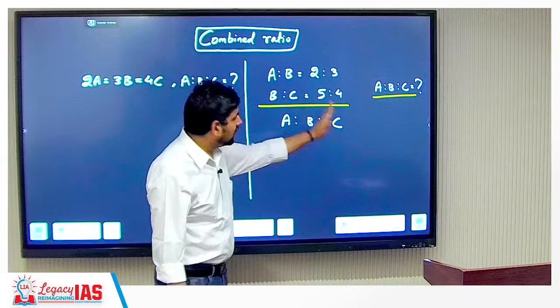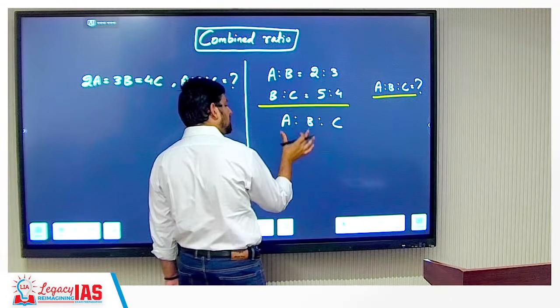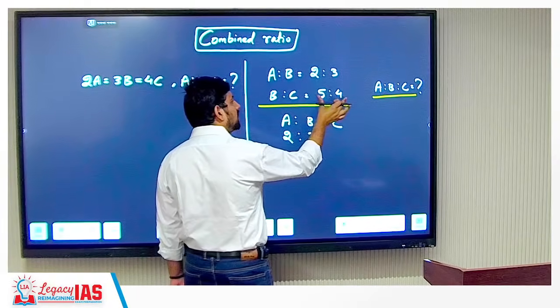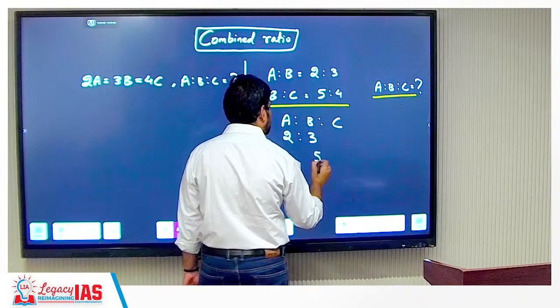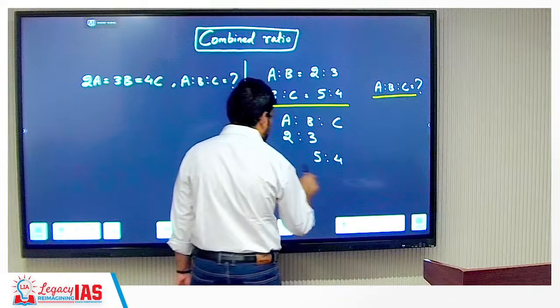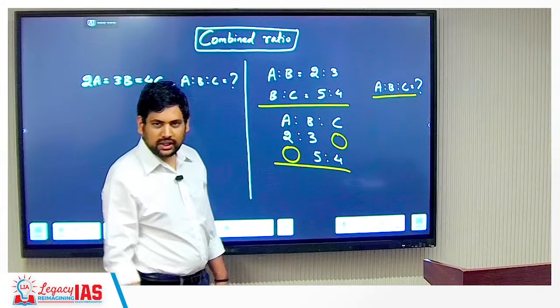Now 2:3 and 5:4. So whatever is written here, you just write below it. You write 2:3, and here B ratio C, 5:4. Now you have to fill these spaces. Then only you can write the ratio.